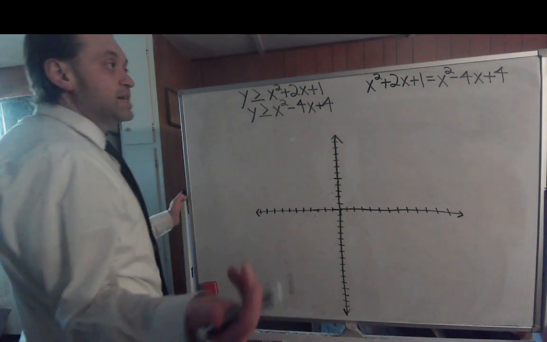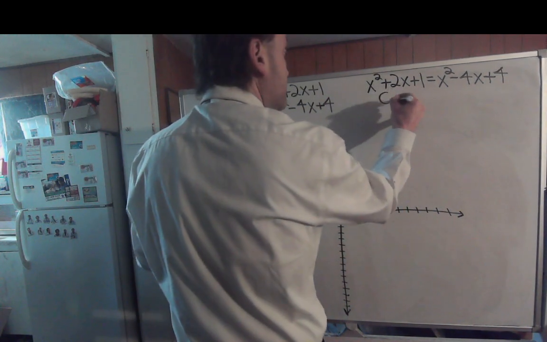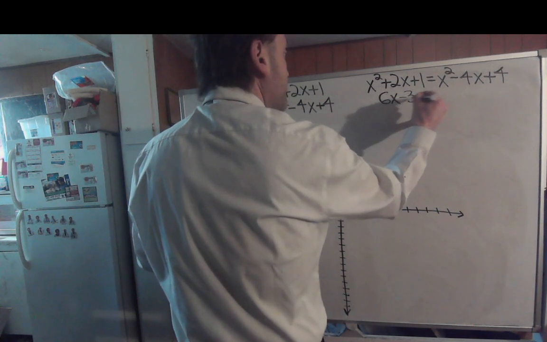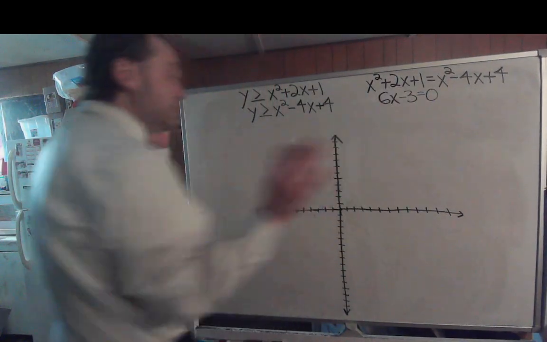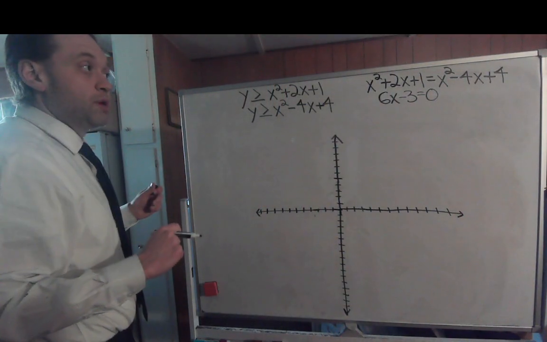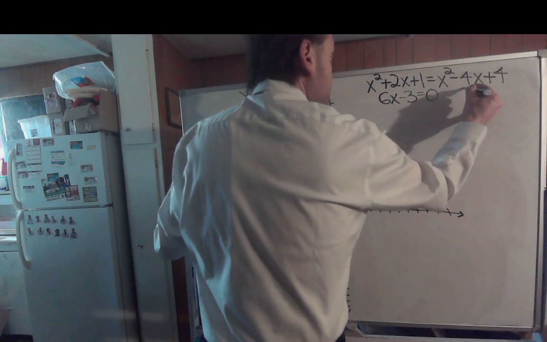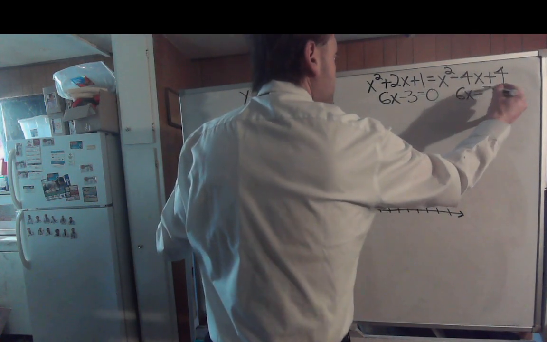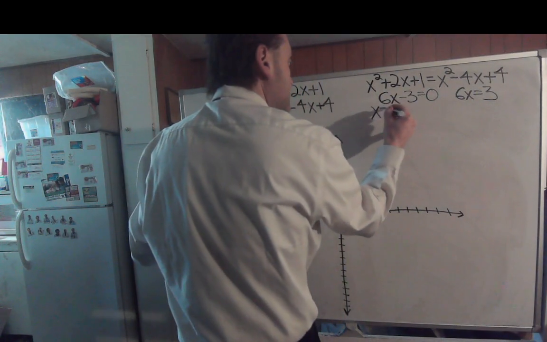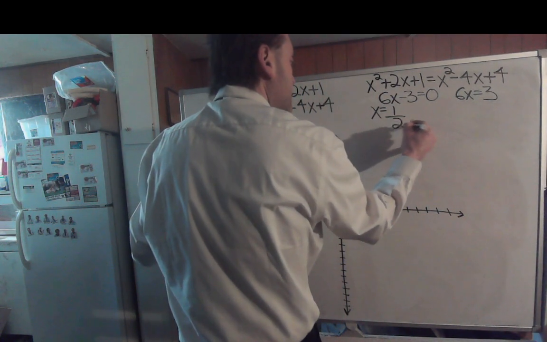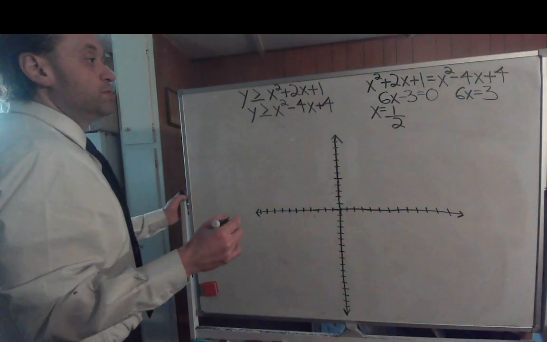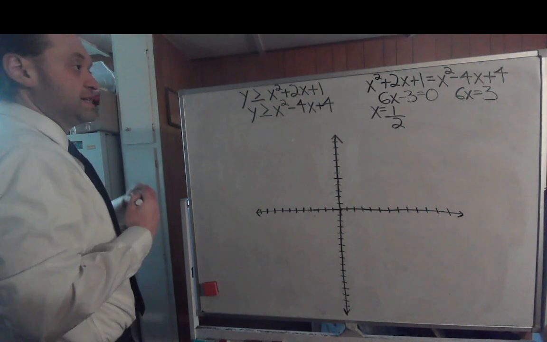Now let's make the right side equal to 0. So that would look like 6x minus 3 equals 0. So you get rid of the quadratic term, which would give you 6x equals 3, x equals 1/2. So you get a value of x equals 1/2.